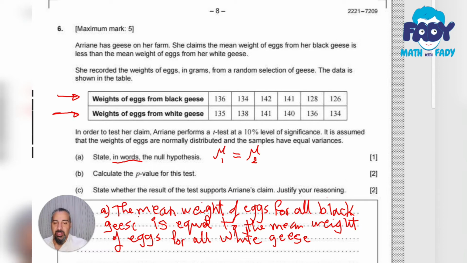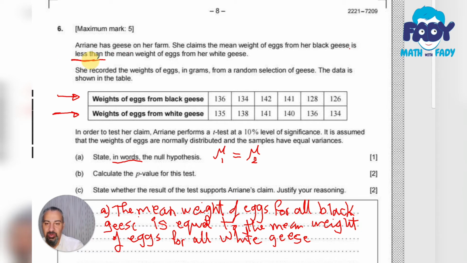So the null hypothesis, mu1, the first mean, equals mu2, the second mean. And on the other hand, if it were asked about the alternative hypothesis, this would be her claim: the mean weight of eggs for her black geese is less than the mean weight of eggs for her white geese.